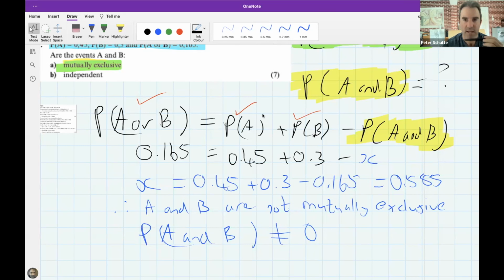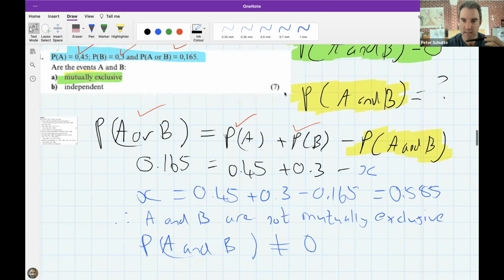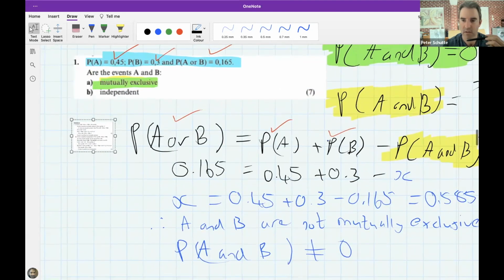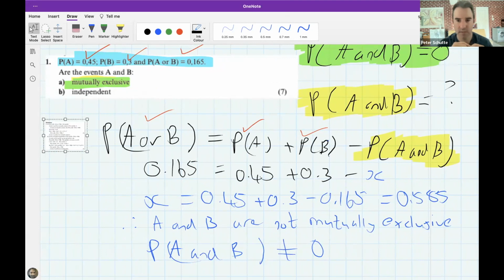All right. Now let's move on to the independent stuff. So can you show me whether or not these two events are independent? Let's move on to that calculation. Now, when we're checking whether they're independent, remember what we're checking.